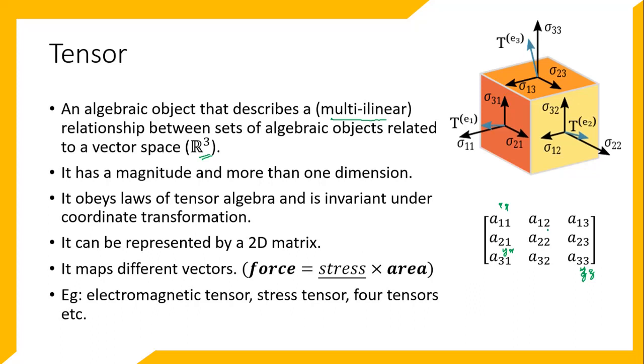The first example I have to give you from physics is the stress tensor. So stress is a tensor. We will come to the stress tensor in detail. Here, we can use tensors to map different vectors. Let us say I have a vector A. If I multiply it with a scalar, I will get another vector.